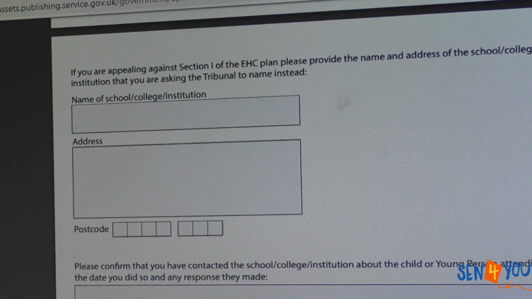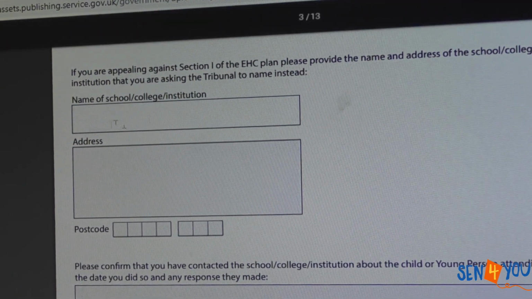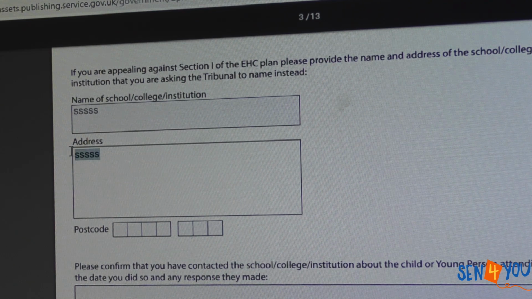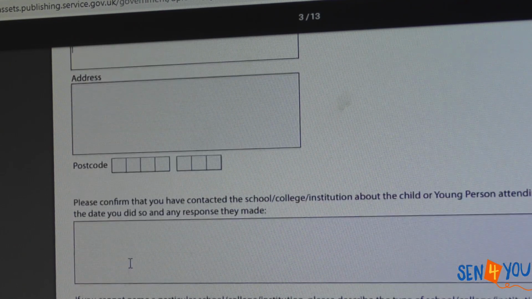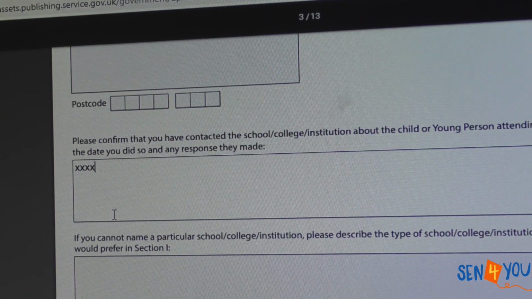Moving on, so if you're appealing against section I, this is where you would insert the details of the school that you're proposing. So in this box here, you'd identify the name of your school and you'd put its address here. What the tribunal then also asks for you to do is to confirm in this box that you've contacted the school and you've asked for a place.